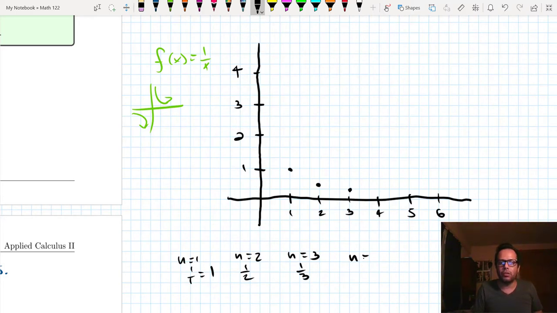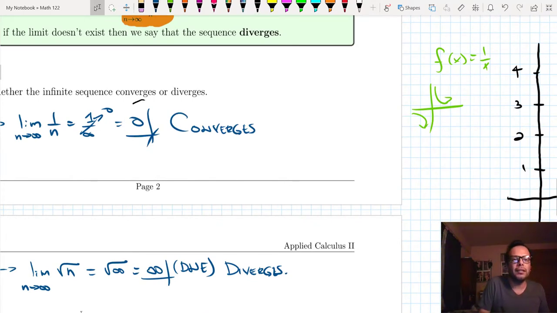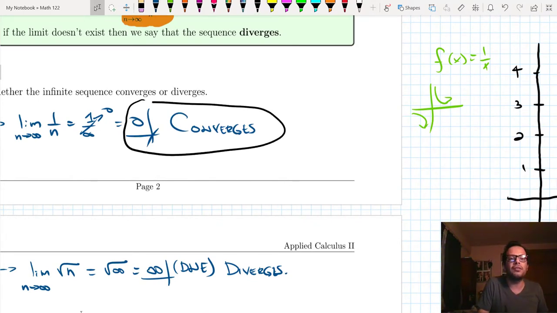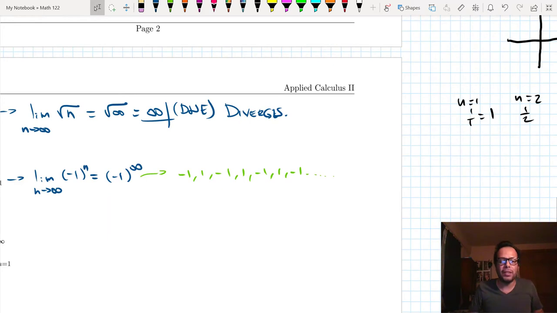Then n equals 4, that is 1/4, maybe here. And then n equals 5, we are going to have 1/5. See how this sequence is approaching 0, as we got on the limit. So this sequence converges to 0 as we approach infinity, as we add infinitely many terms.